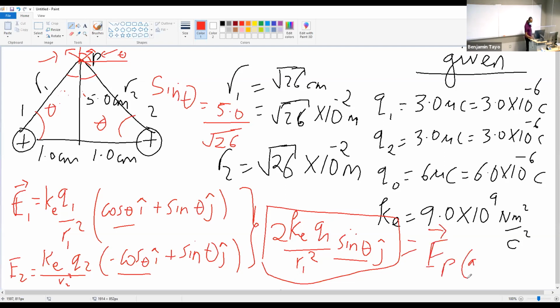So this is part A. I'm just going to leave it like that because I don't have time to substitute all the numbers, but you can plug in your KE, your Q1, your R1, your sine of theta, and you're going to get some value. The unit for the electric field, I didn't mention this, is Newton per Coulomb.